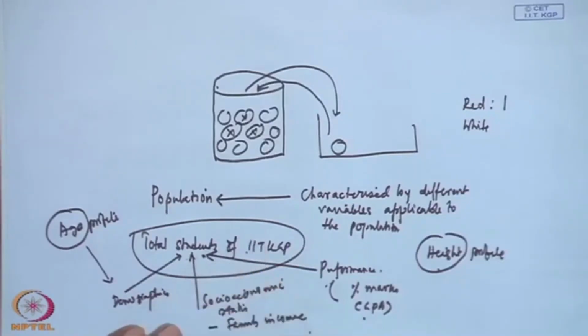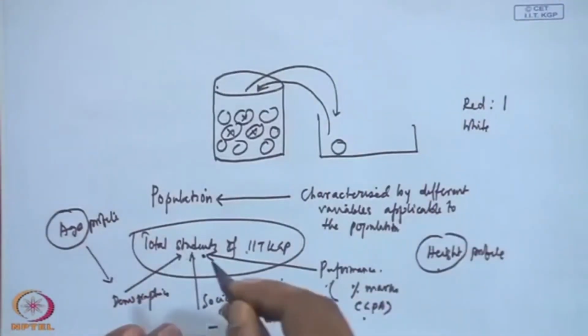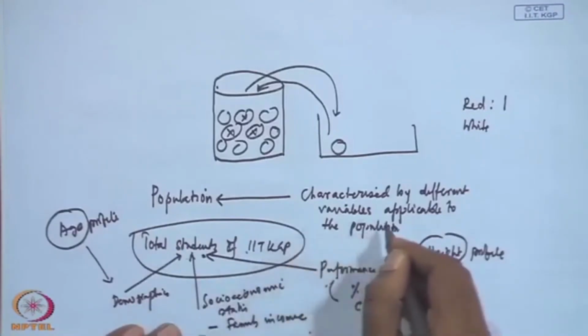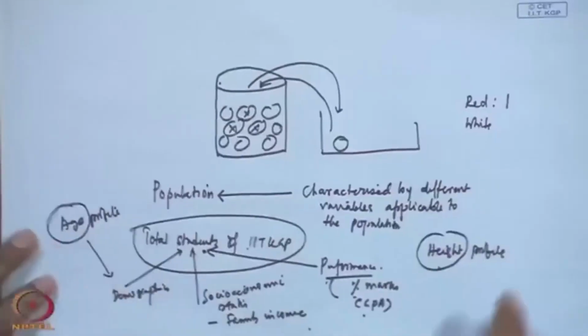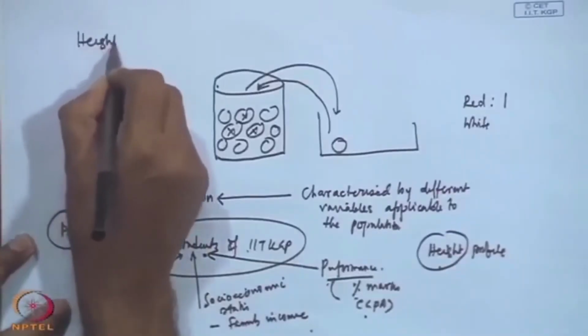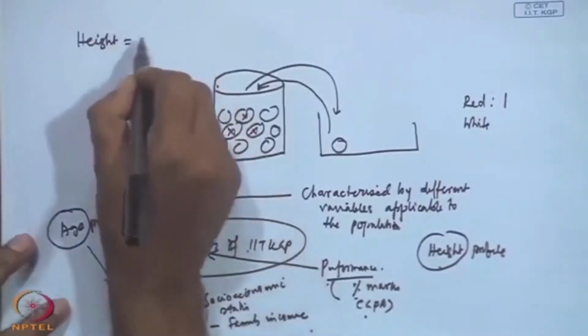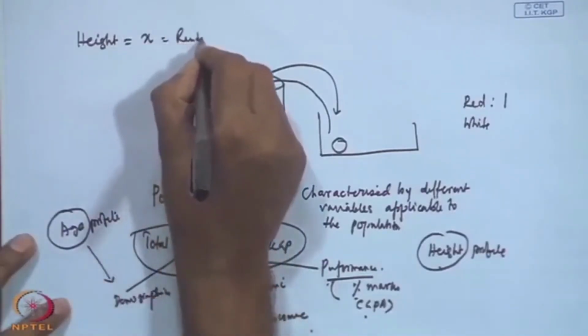So, if we want to understand population, not only the space and time boundary, we also require to understand what are the variables that govern the population. If you consider any of the variables, let us say height of the students, I am denoting it as x, which is a random variable.